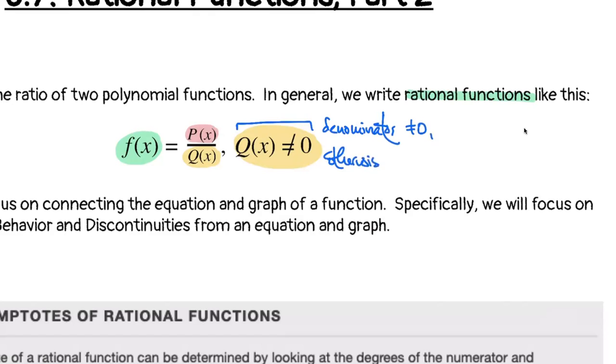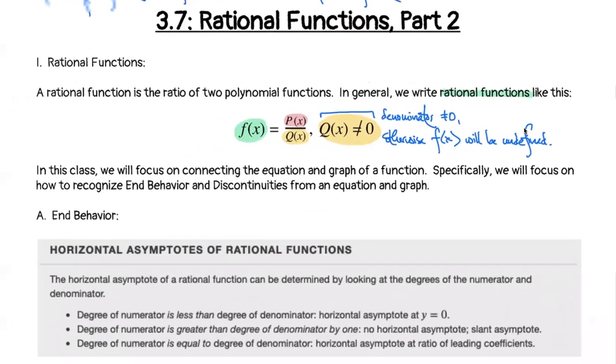Otherwise, f of x will be undefined. And undefined is just a more mathematical way of saying there was an error. We're classifying the kind of error that it is.